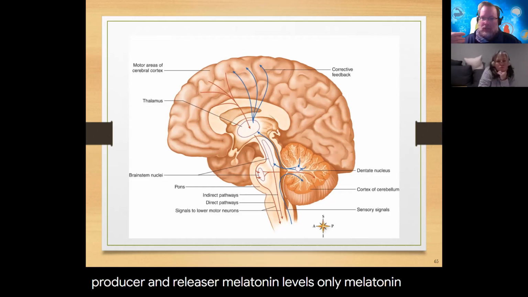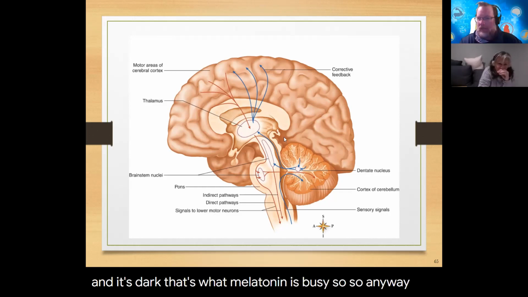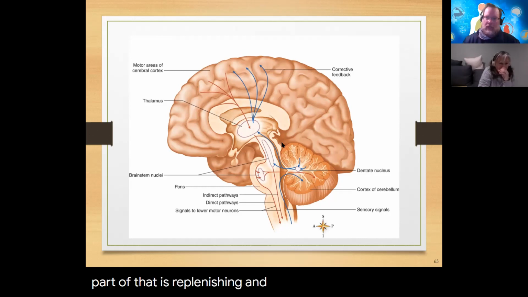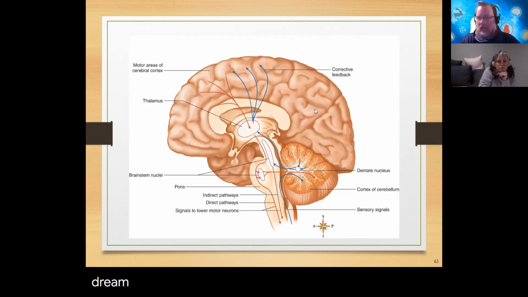Melatonin responds when there's no sun out. So when you're asleep and it's dark, that's when melatonin is busy. So anyway, part of that is replenishing and fixing all of the damage that was done and allowing some of the cells to rest and repair.